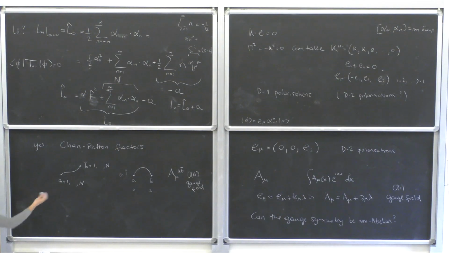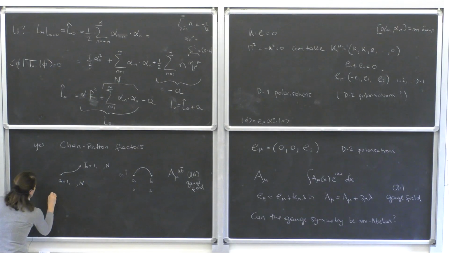The way to make sense of this that we pulled out of the hat is, remember we had Dirichlet or Neumann boundary conditions for the open string. Suppose we have Dirichlet boundary conditions in this direction and Neumann in all these directions.